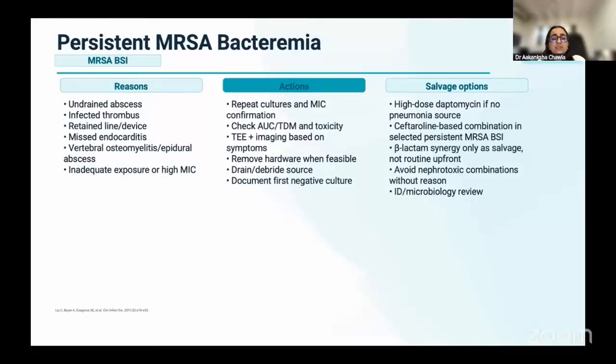You repeat cultures, look at the MIC confirmation, do therapeutic drug monitoring, check for toxicity if needed, and salvage options. If, in spite of achieving everything and doing a good source control, you can consider a high dose daptomycin if there is no pneumonia source, and ceftaroline based combinations in selected persistent MRSA bloodstream infection patients.